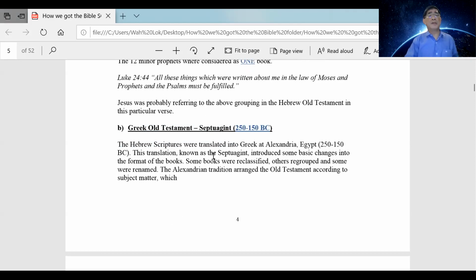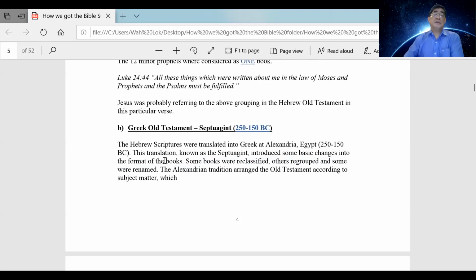The Hebrew scriptures were translated into Greek at Alexandria, and this translation introduced some basic changes into the format of the books. Some books were reclassified, others regrouped, and some renamed. The Alexandrian tradition arranged the Old Testament according to subject matter.